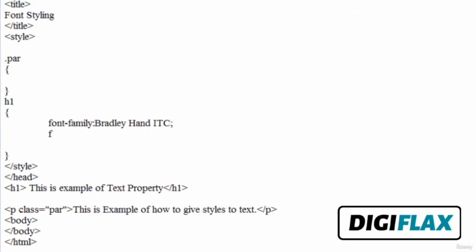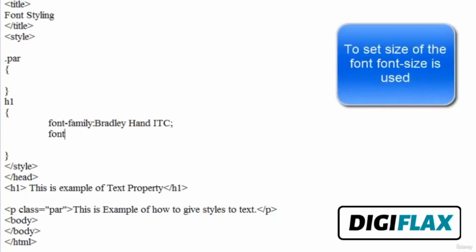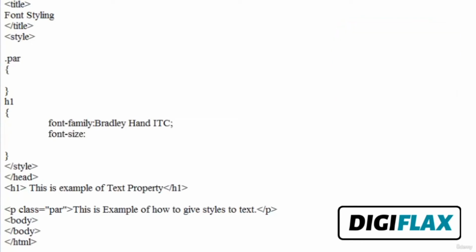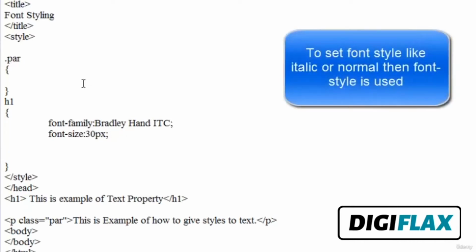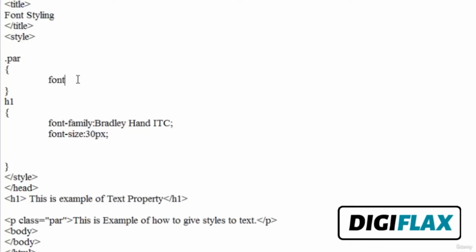We can set font size by giving pixel value and giving emphasize value. So I want to give font size value in pixel. I want to give 30 pixel to font size. Now if you want to give font style, like if you want to give italic, oblique or normal, then you can give by using the font style.